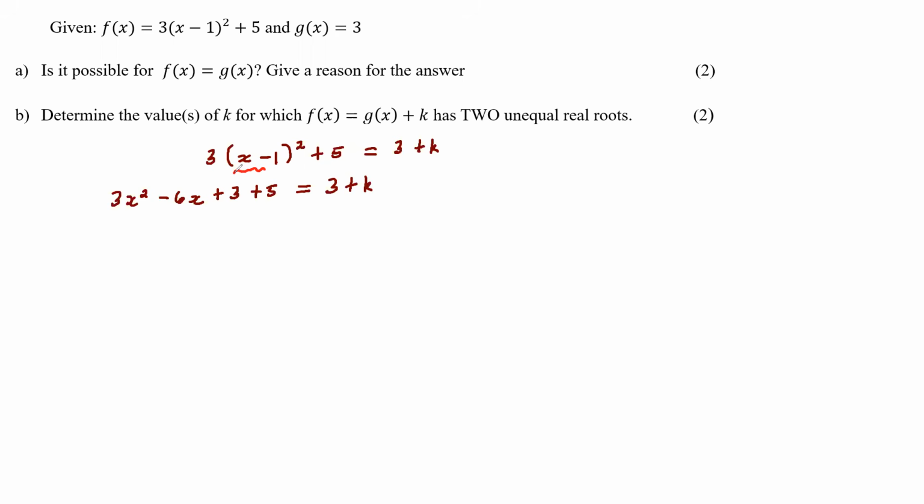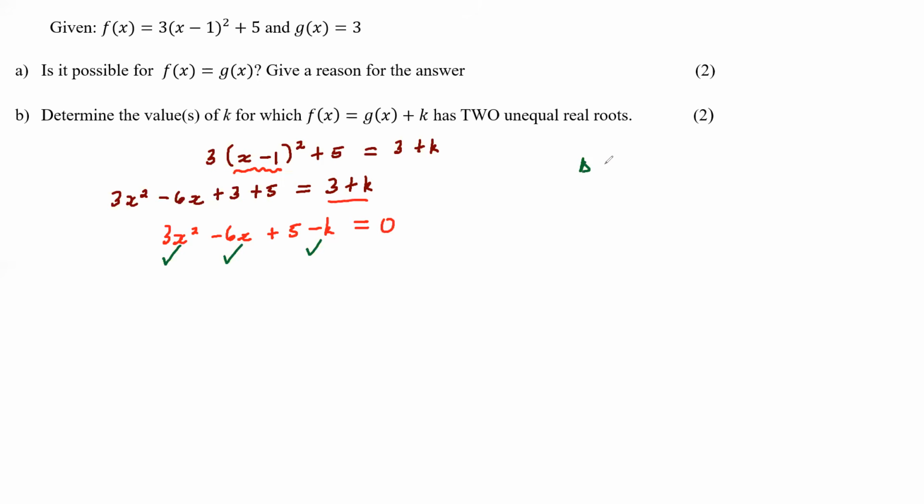First, I had to open this one here, then multiply by 3. Eventually, I get to this point. Then, in essence, I'll end up having 3x squared minus 6x, and then plus 5 minus k is equal to 0 after taking this to the other side, transposing it. Then I can identify my a, my b, my c.